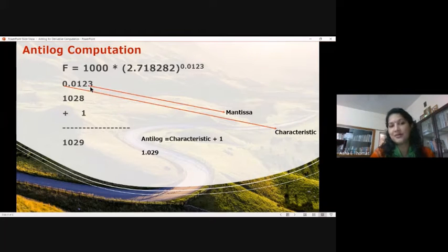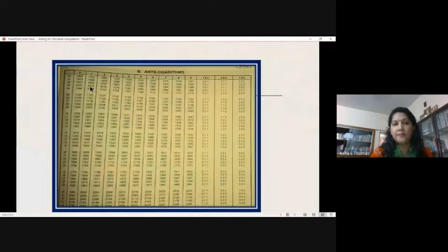So what I will be doing, I'm searching in the same column for 0.01, and I will reach the end where I will find a value for 3. In this case, the value for 3 is 1. Here in this column, I'm going with 1. So what I do?